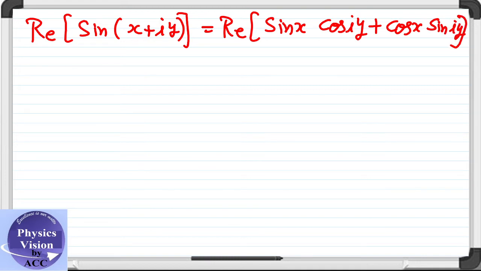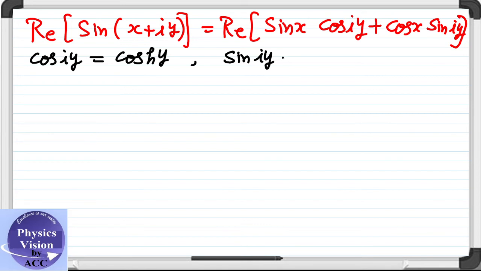Now, making use of the hyperbolic function properties, we know that cos iota y is cosh y, and sine iota y will be iota times sinh y.